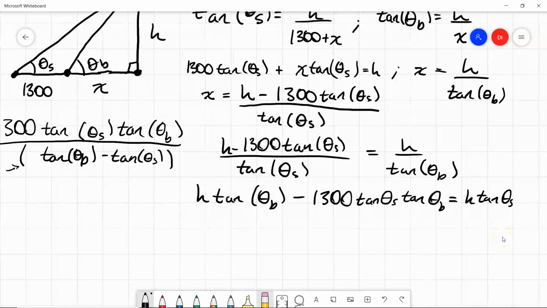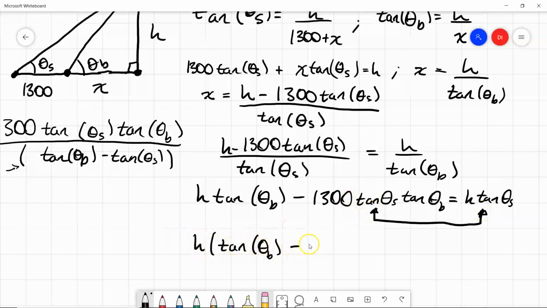Yeah. You swap these terms, factor out an h. That gives us h times tan theta b minus tan theta s.